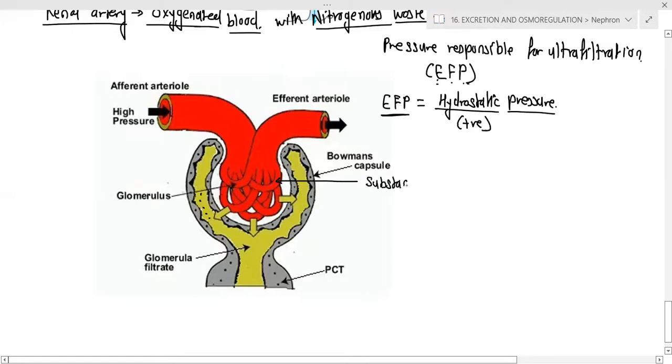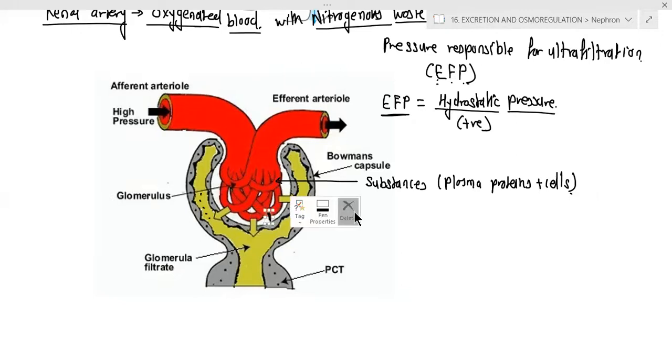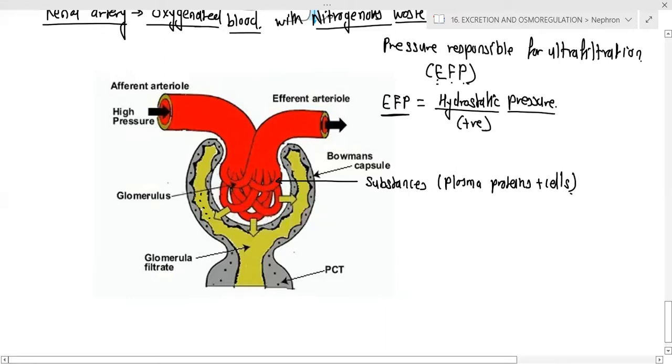They contain plasma proteins, cells, and several other substances, which really don't want to go out of the capillaries. Any substance doesn't want to change its state, correct? So these substances also don't want to go out, and they oppose filtration, and that pressure is called osmotic pressure.